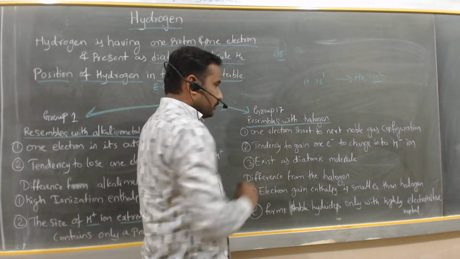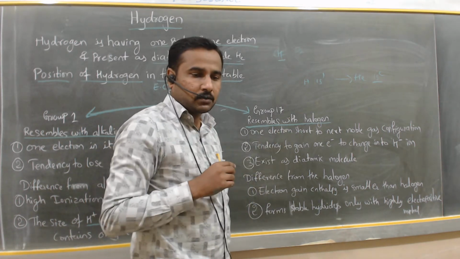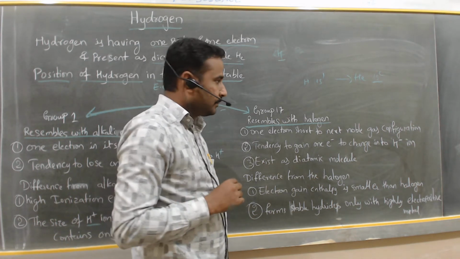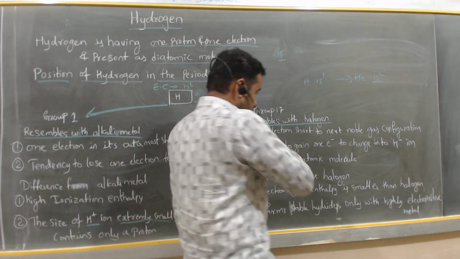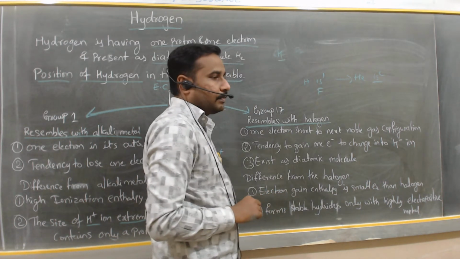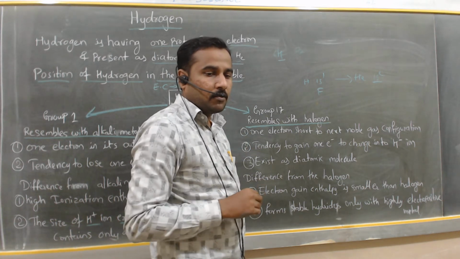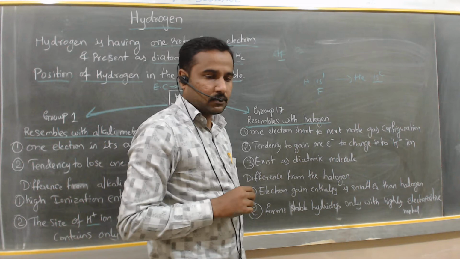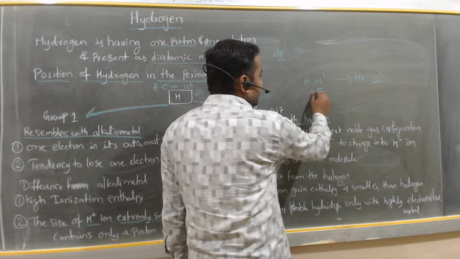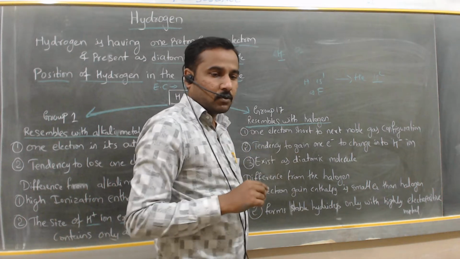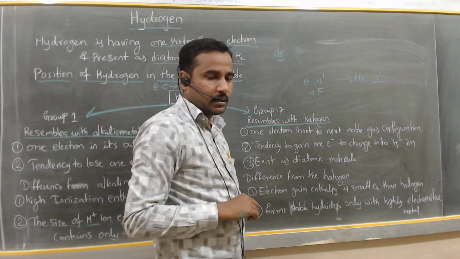The halogen groups also require one electron to complete the noble gas electronic configuration. For example, fluorine, atomic number 9. It requires only one electron to become the noble gas electronic configuration.